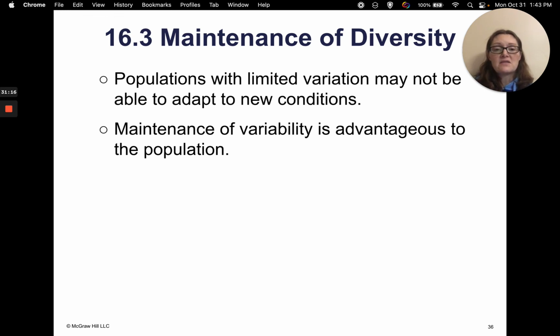So maintenance of variability is an advantage to the population. Again, an individual may not survive, but if there's enough diversity, then the population as a whole may survive. So I may not live, but my neighbor might. And as a species, that's good.